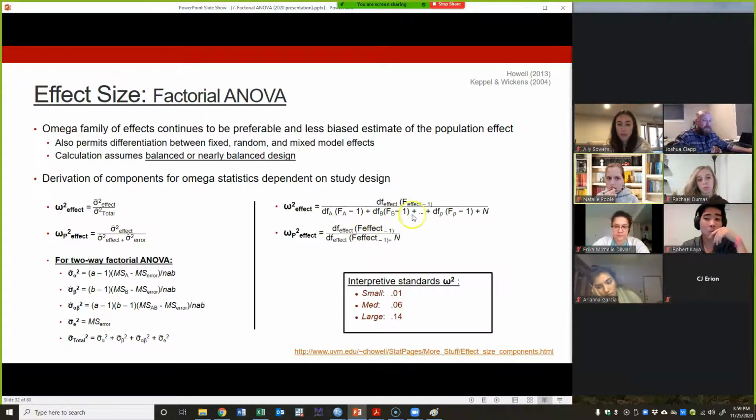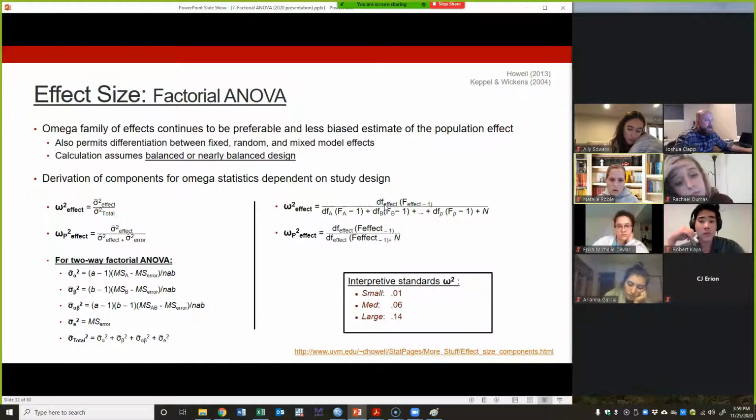The shortcut is that we can calculate omega squared and partial omega squared from our F statistics. If we want omega squared in a factorial design, I take the degrees of freedom for whatever effect I'm looking at times the F test for that effect minus 1, over degrees of freedom A times F for factor A minus 1, plus degrees of freedom B times F for factor B minus 1, and so on and so forth for however many factors we have in the design.